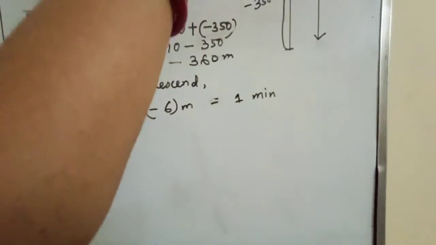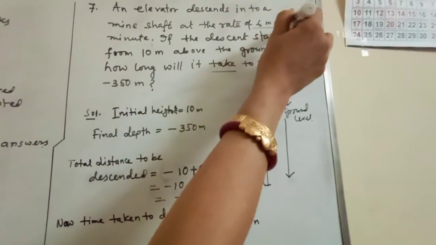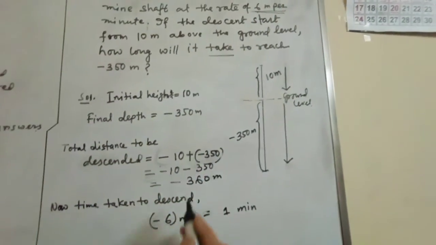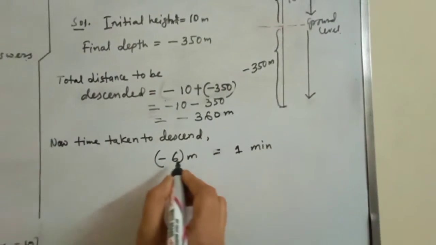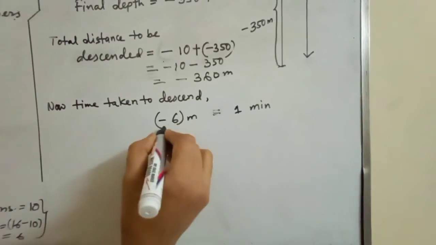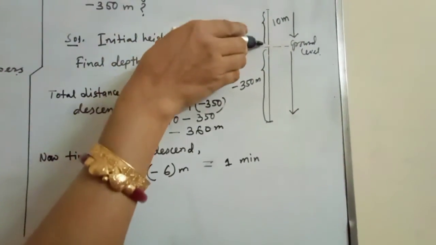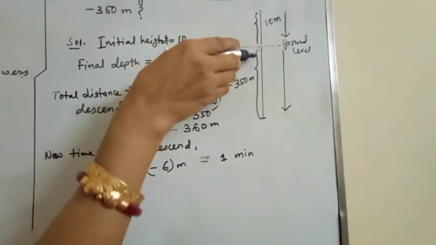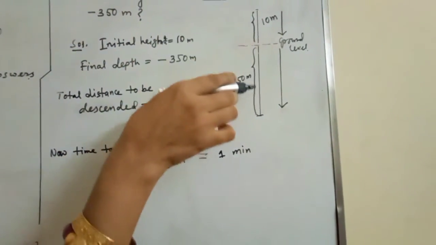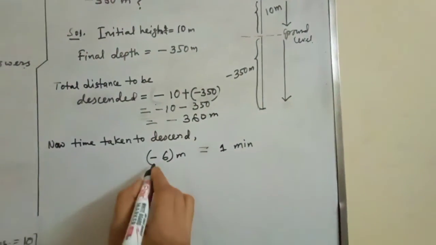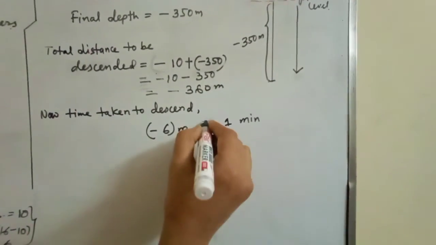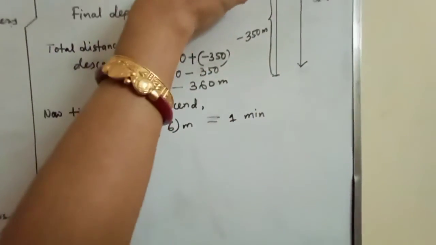The speed is given as 6 meters per minute. 6 meters per minute means in 1 minute it can descend 6 meters. So why am I saying it is minus 6 meters? Because it is continuously descending. It descends down, so it is minus 6 meters in 1 minute from the initial position.